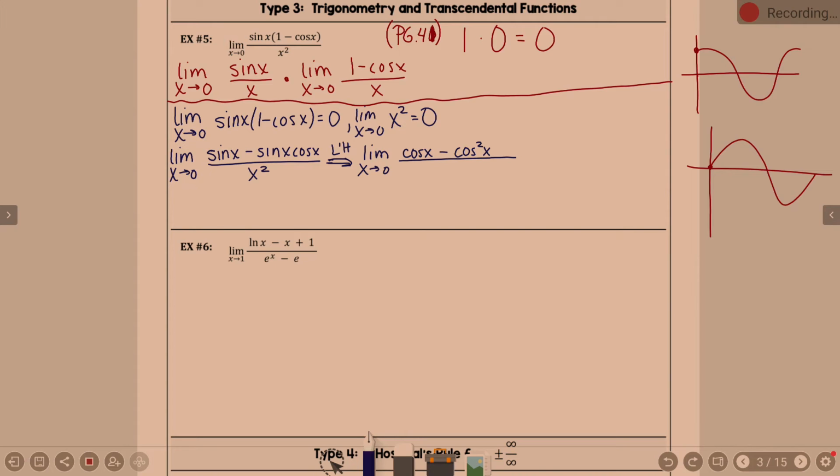And then because this was minusing this term, I'm going to use an automatic minus here because it was a minus sine x cosine x right here. So now it's going to be keep the sign. The derivative of cosine is a negative sign. So this is going to become plus sine squared x, all over the derivative of x squared, which is 2x.